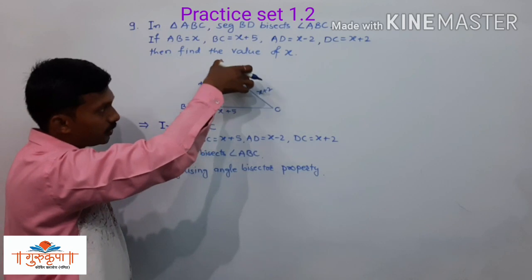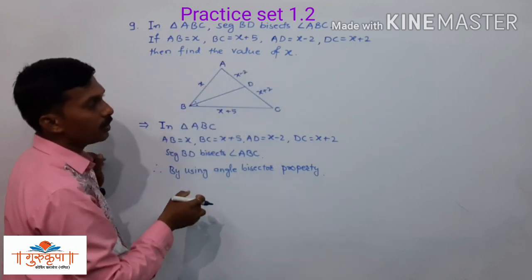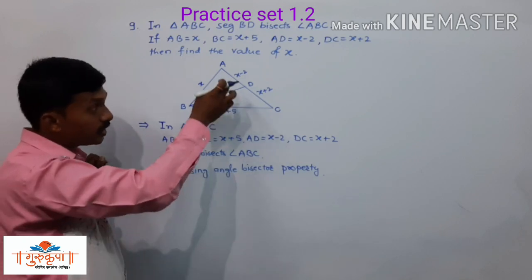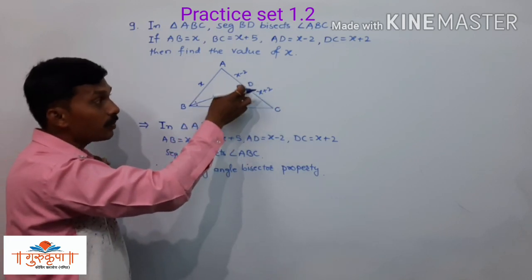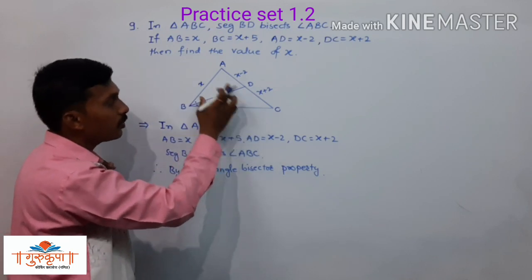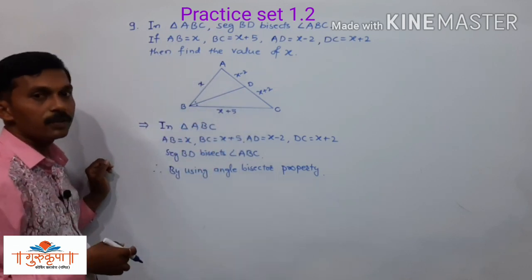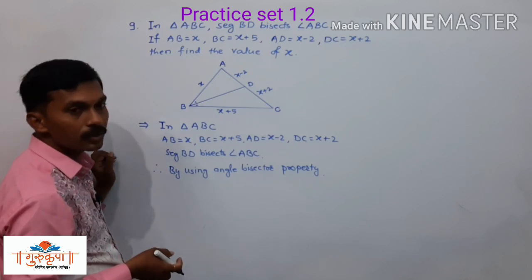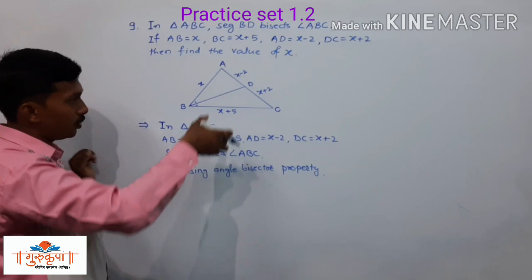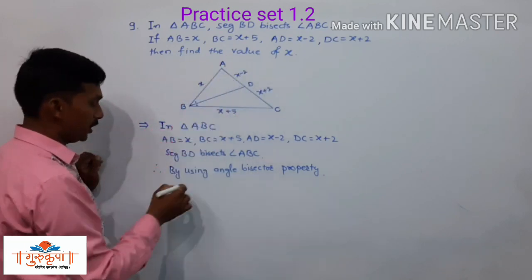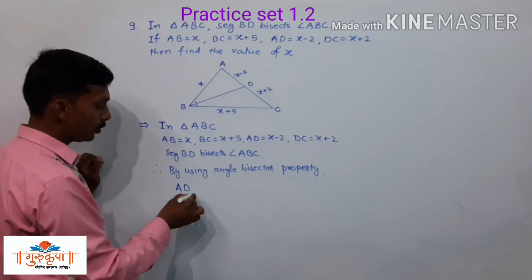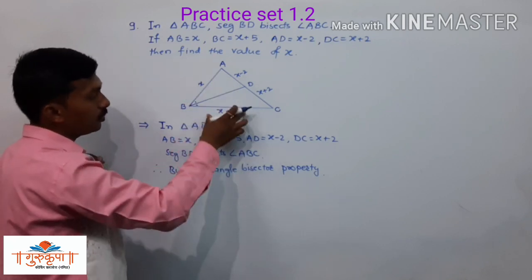If we write this ratio as AD upon DC, we have to write the other ratio AB upon BC. And if we write this ratio as CD upon AD, then we have to write the other ratio as BC upon AB. That is very important. How we write the first ratio, depending upon that we have to write the other ratio. So first ratio we will write AD upon DC, that is equal to AB upon BC.